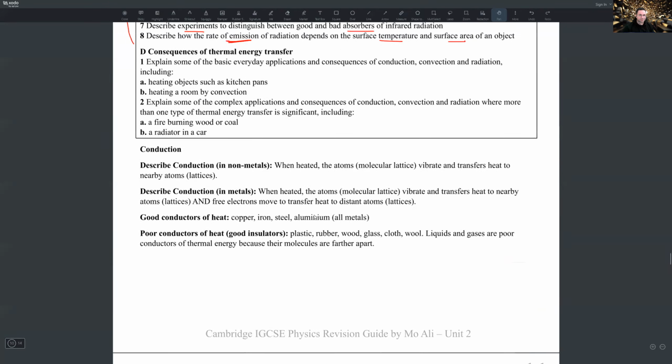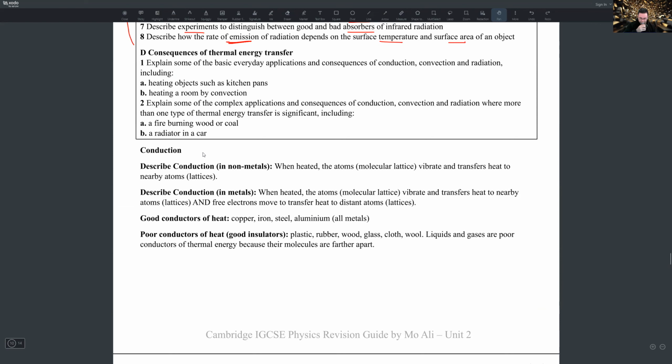Let's start with conduction. Conduction is very basic. Conduction is the transfer of energy primarily through solids. But how does it happen? When you heat a solid, the molecules inside start to vibrate.